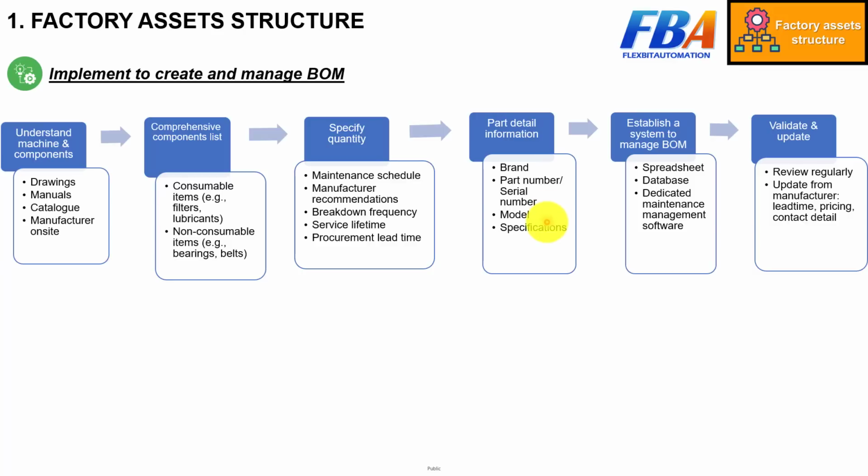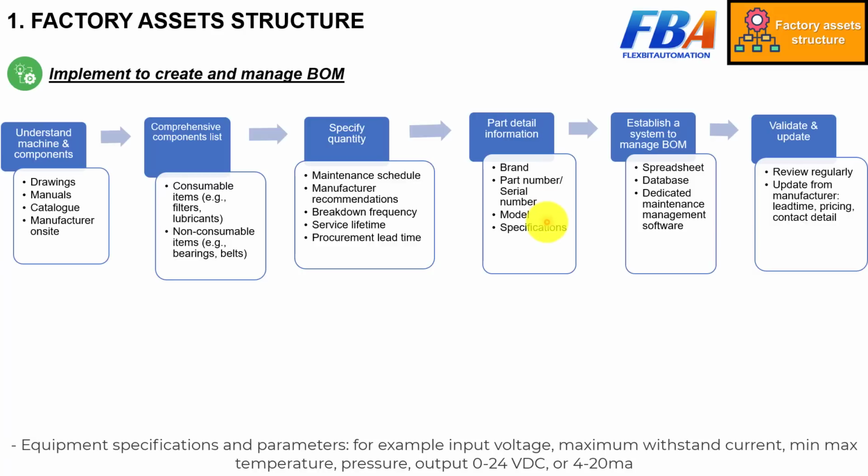And the final one is specifications and parameters. For example, input voltage, maximum withstand current, min-max temperature, pressure, and the output from 0 to 24 milliamps, or volts DC, or 4 to 20 milliamps.